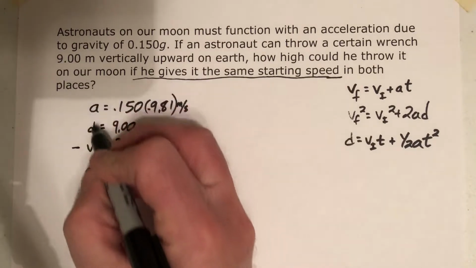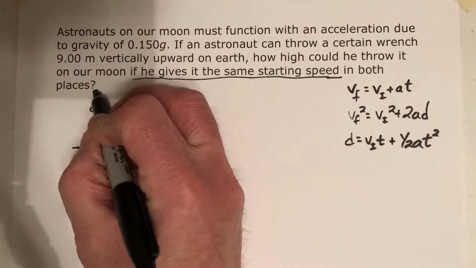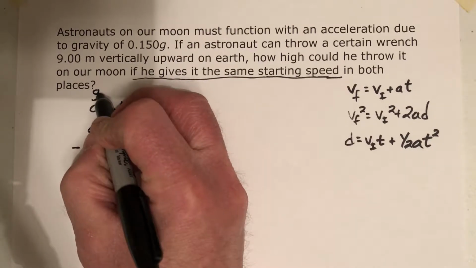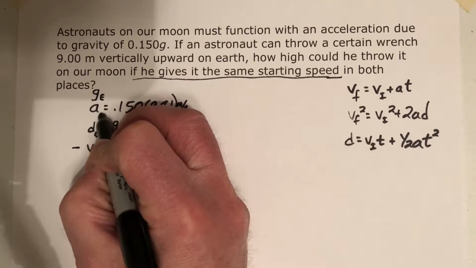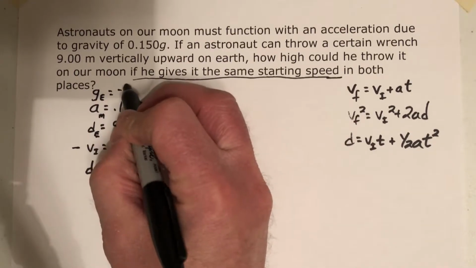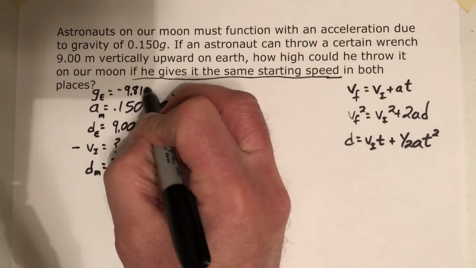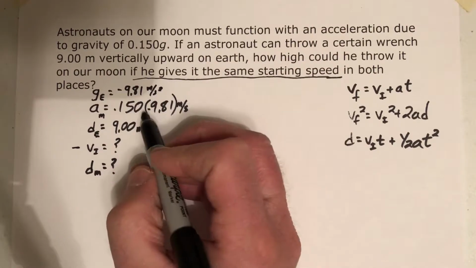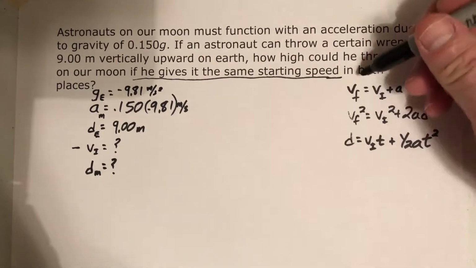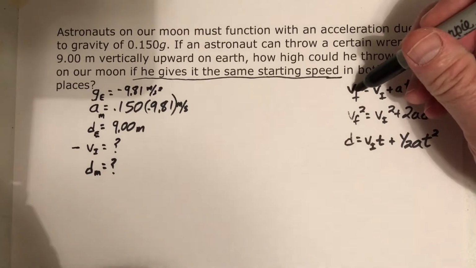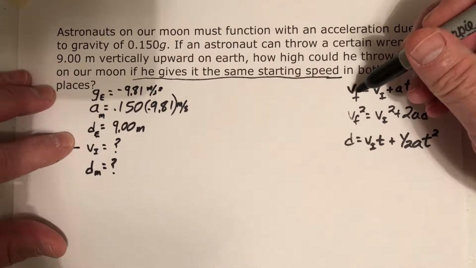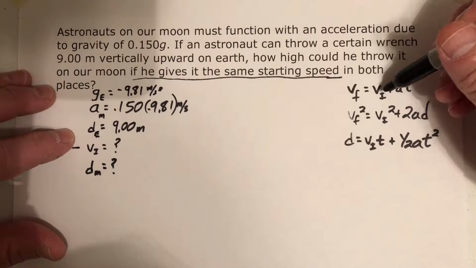Now I'm going to put another variable over here that we know: gravity, which will be the acceleration on the Earth, because remember this is acceleration on the moon, is just a negative 9.81 meters per second squared. If I look over here, I have final velocity, which I don't have. I have initial velocity, which I'm trying to find.